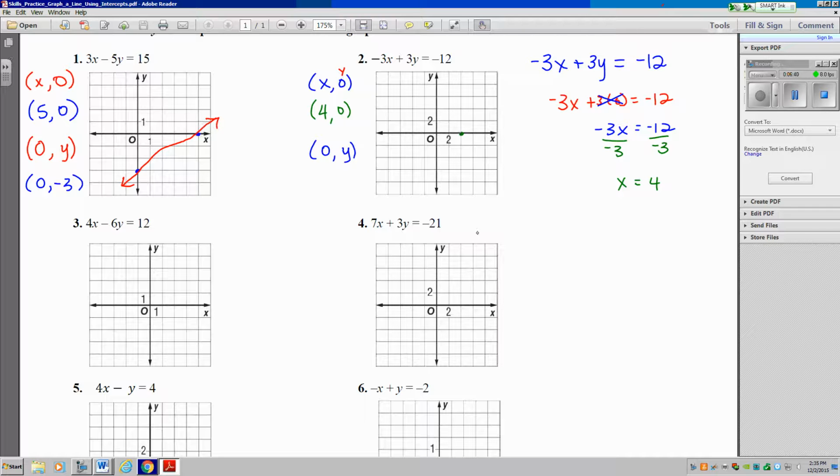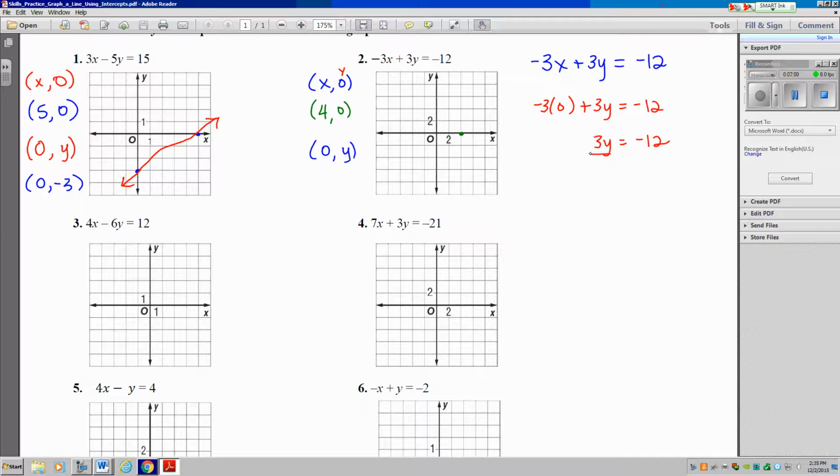Okay? So now let's try to find the y-intercept. So I'm going to put a 0 in this time for x. Okay, and that disappears, leaving me with 3y equals negative 12.